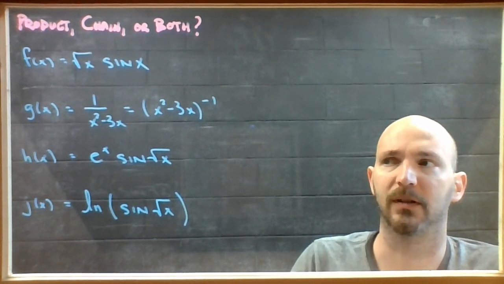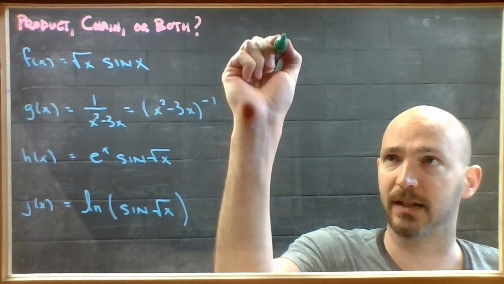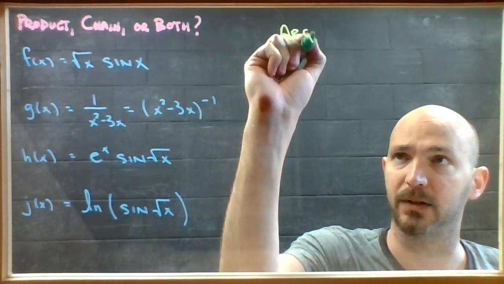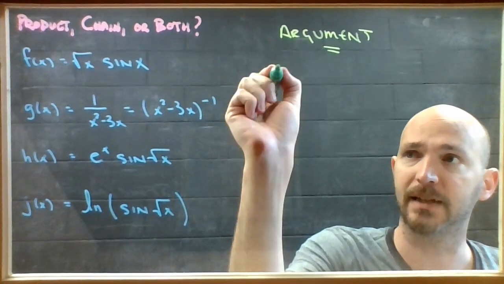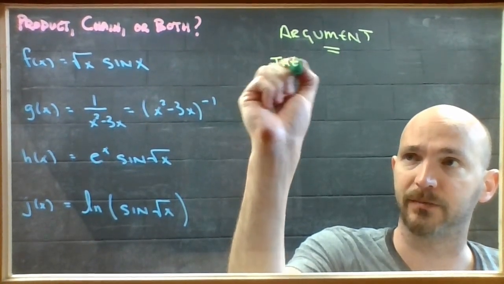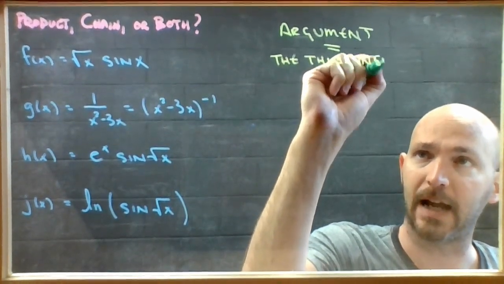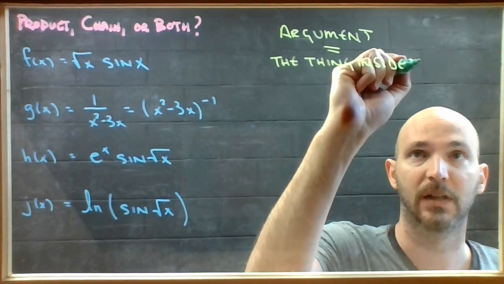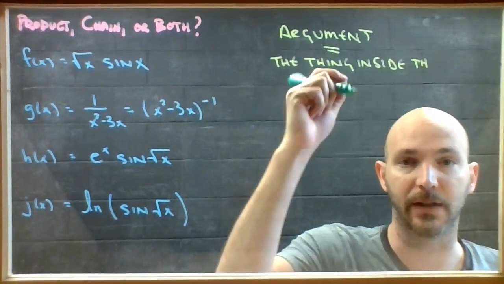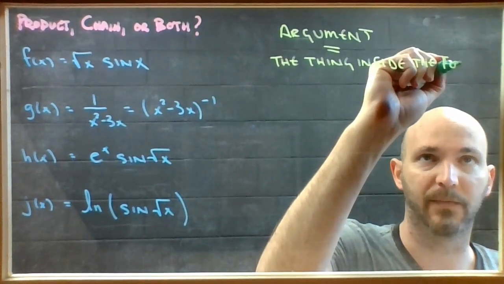hunting for things inside an argument. Every function needs an argument. Let me write that word down up there for you. Argument. That's the thing inside the function. So when you are looking at a sine or a ln or an exponential, it's always the ln of something or the sine of something.